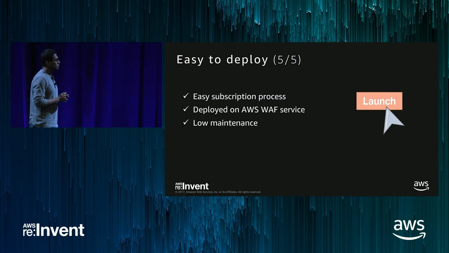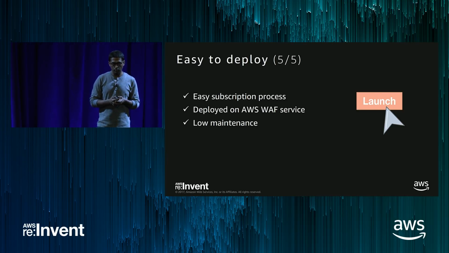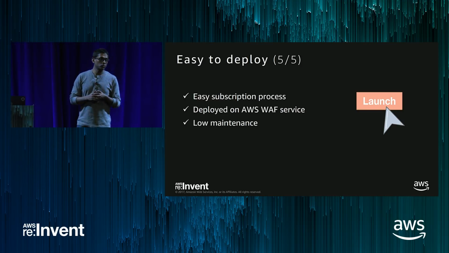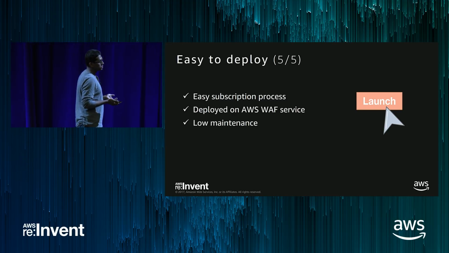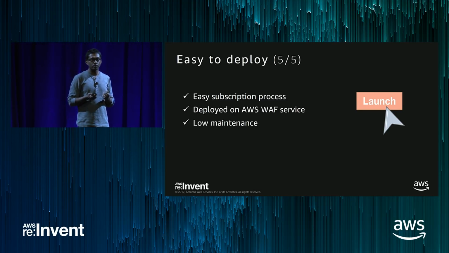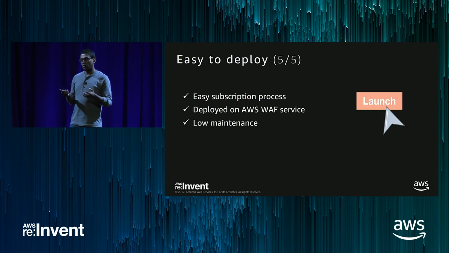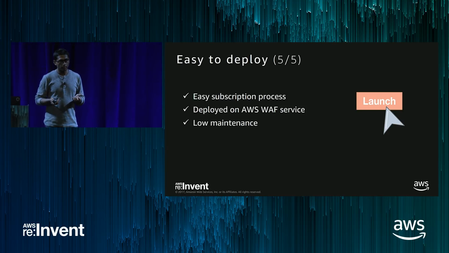Easy to deploy, this is a common theme. We want services to be easily deployable, whether using the console or using APIs in an automated fashion, it is extremely easy to deploy. The fact that these rules are written by sellers using the public APIs that are available to everybody tells you that all these rules are 100% native to AWS WAF.